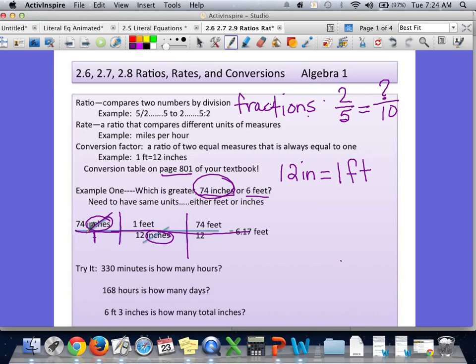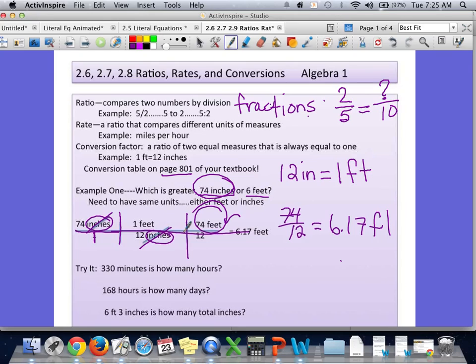This way the inches will cross out, and you end up multiplying across the top and then multiplying across the bottom. So 74 times 1 is 74, and 1 times 12 is 12. 74 divided by 12 will give you 6.17 feet, because the unit that's left is what you're converting to.